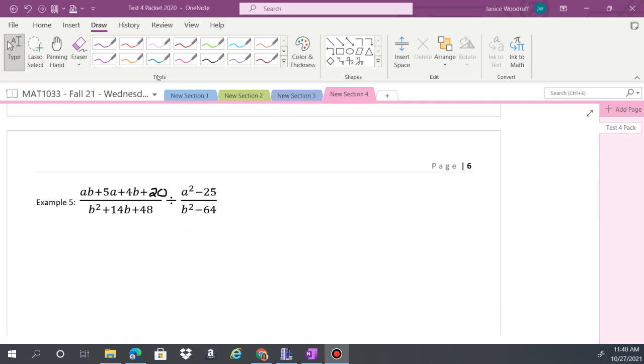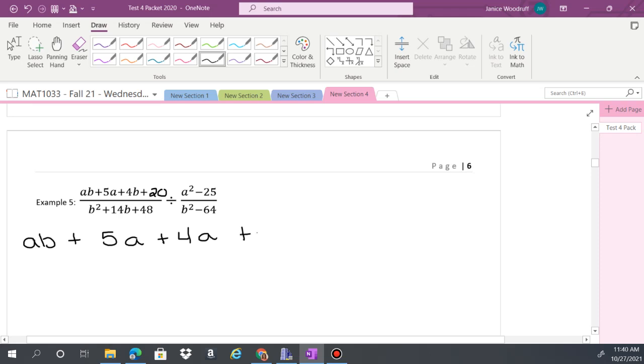Okay, so let's start out with factoring top left. So it looks like I'm going to have to do grouping there. Nope, that's a 4b. Okay, so if I split this, what can I take out of here?